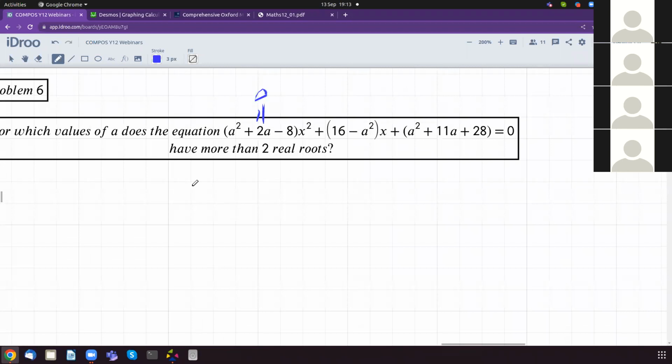So this must be 0, and a must be either, well, there are two possibilities. I don't want to spoil the fun, because exploring stuff is fun. You need to test both of them, because one of them will work and one of them won't. You need more than two, so it's quite a specific request.